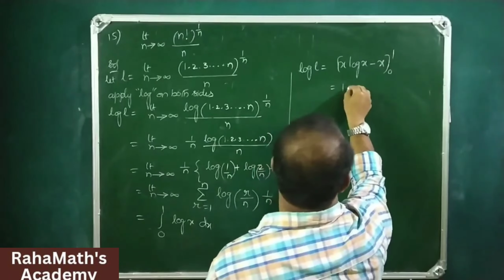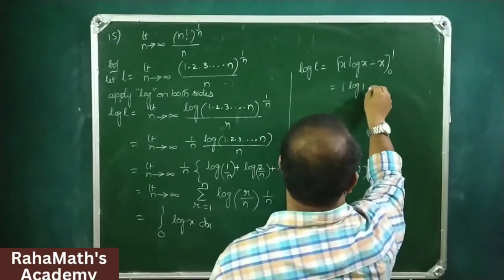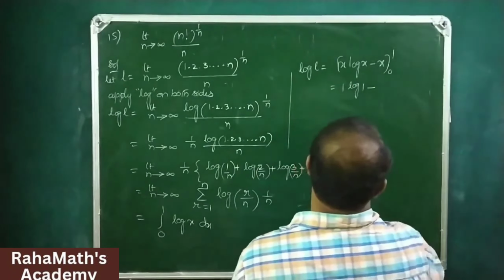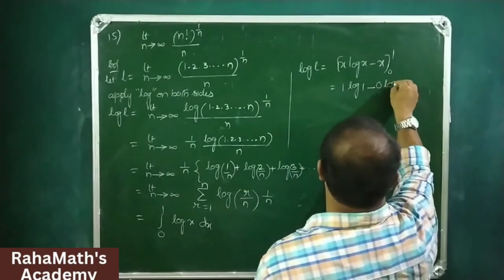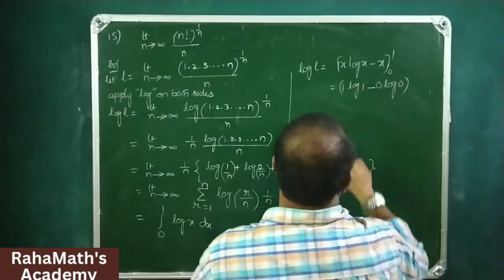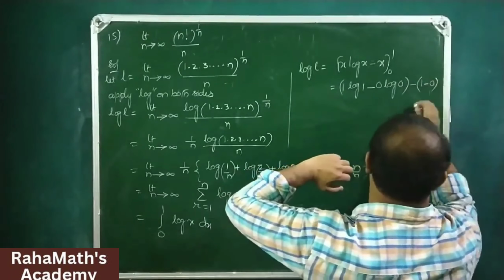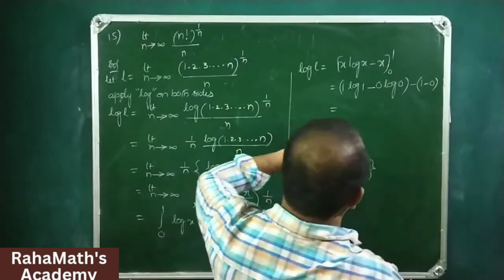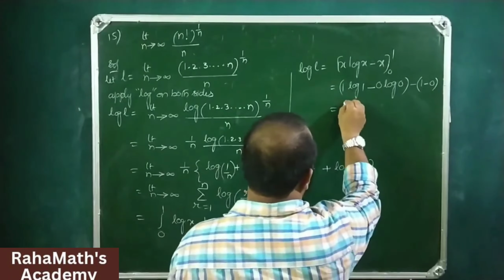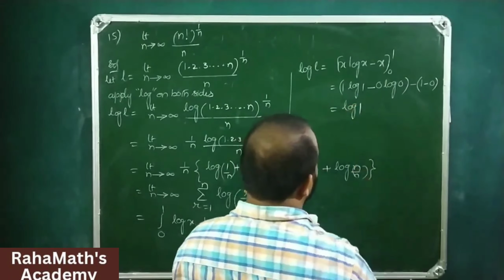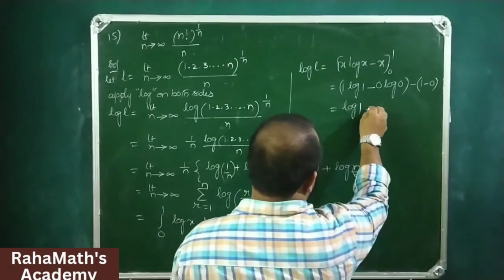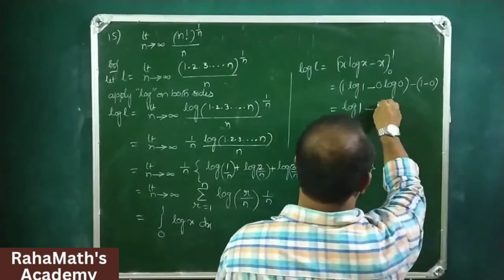This is 1 log 1 minus 0 log 0, minus x, which is 1 minus 0. This is equal to log 1 minus 1, as 1 minus 0 is 1.